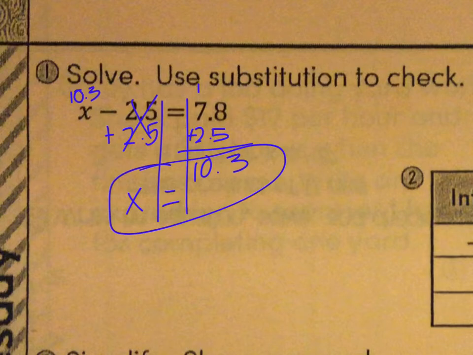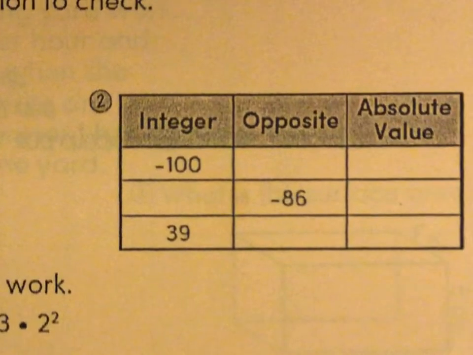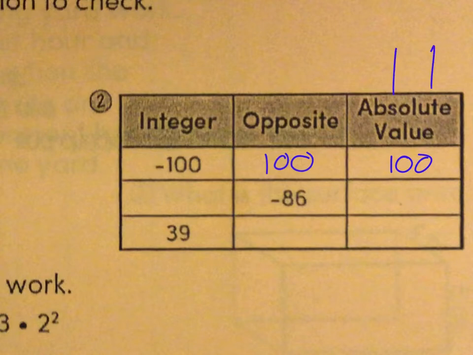Okay, let's move on to the second one here. Here we're talking about integers, opposite, and absolute value. It's been a little while since we've done problems like this. The opposite of negative 100 is 100, and the absolute value of negative 100 is 100. Remember, absolute value means how far away it is from 0.